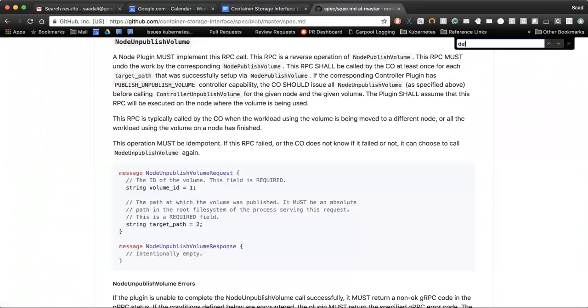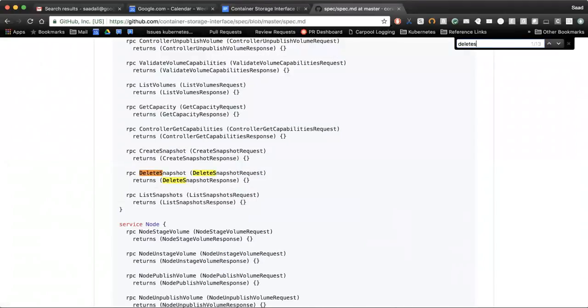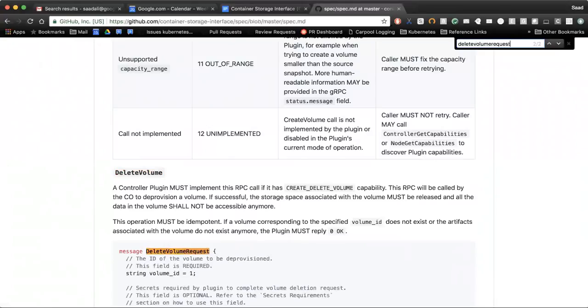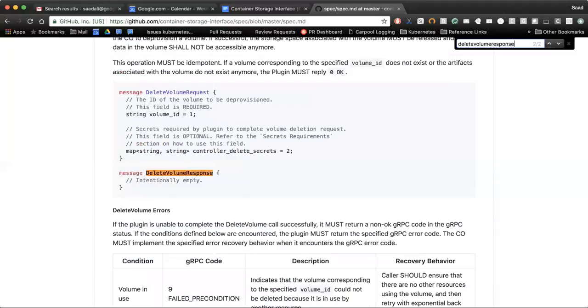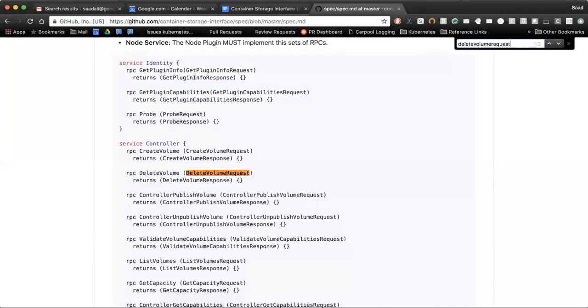If you look at delete, yes, it is there. So the idea was for all the control plane operations, we would have secrets on both the request and the response, on each symmetric call.